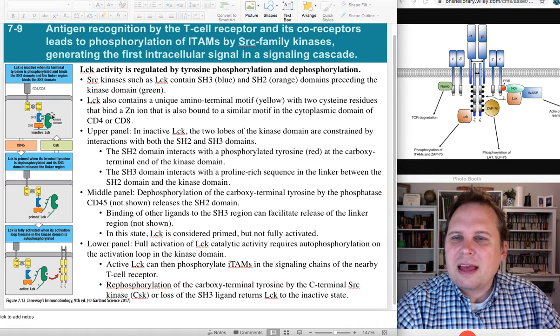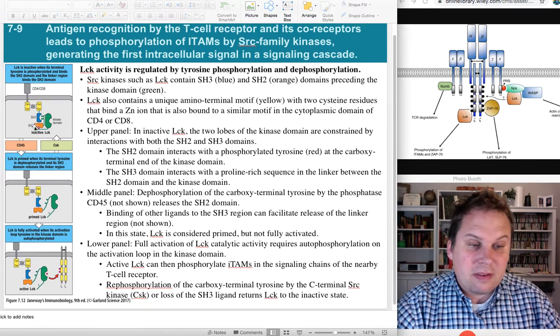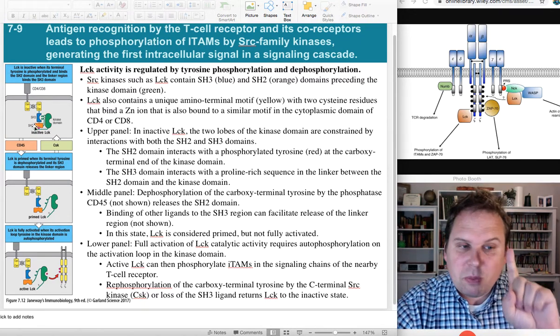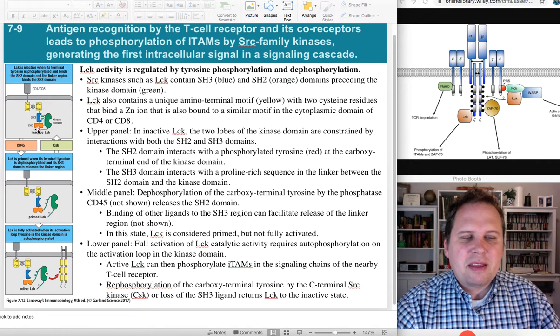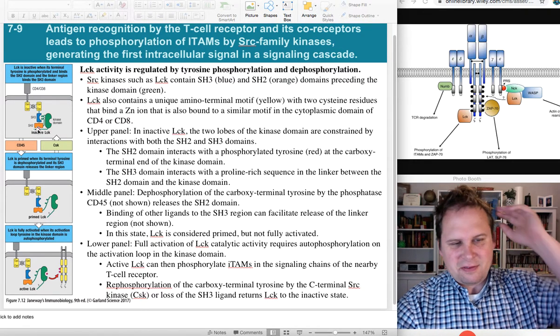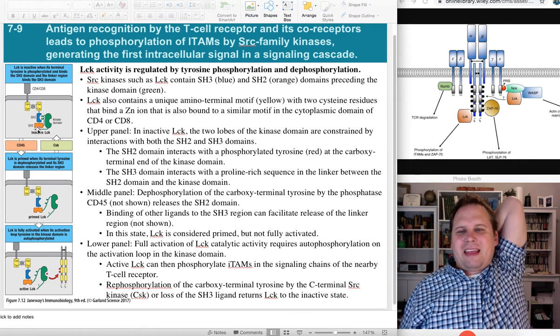That's what tells you it's a kinase. So at the start, you've got the LCK kinase, and basically it's got one SH2 domain. So it doesn't have two like ZAP70, it just has one SH2 domain. And it binds to one phosphotyrosine on the tail of LCK. And what that does is basically it's like trying to scratch your own back or something like that. It's just locked basically in that position.